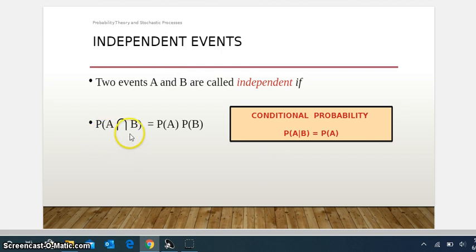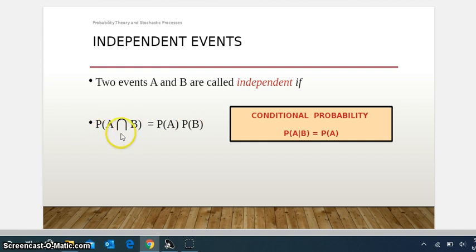P of A intersection B will be equal to P of A times P of B. A intersection B is the common elements of A and B. If A is not dependent on B and B is not dependent on A, then you can just multiply the probabilities of A and B, which gives P of A intersection B.